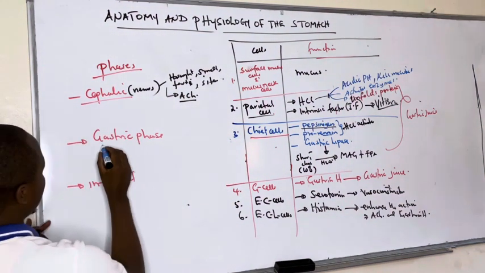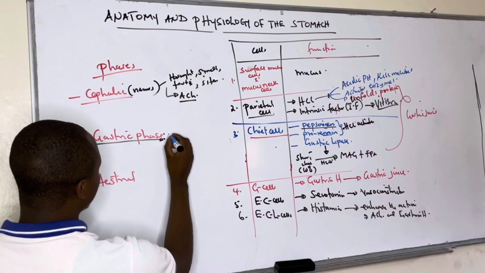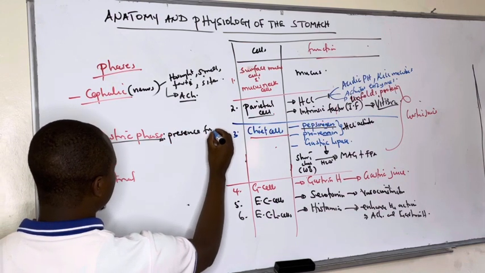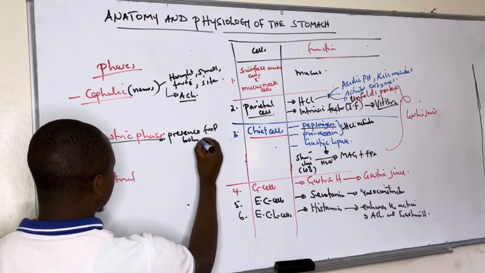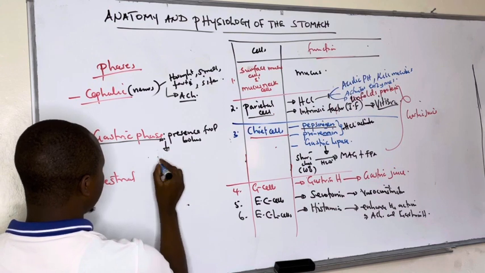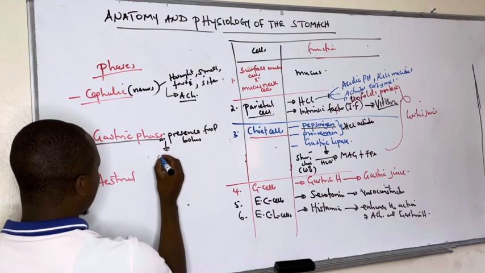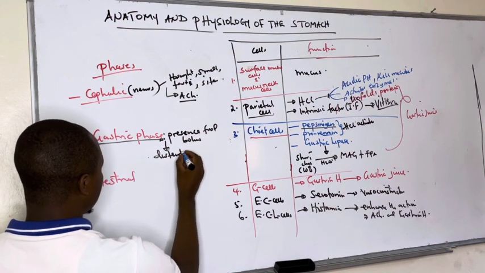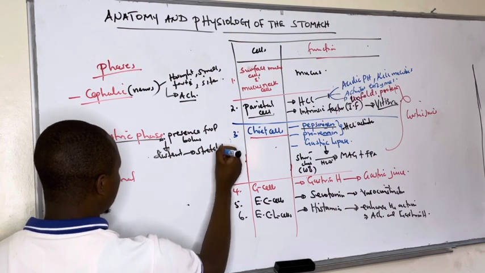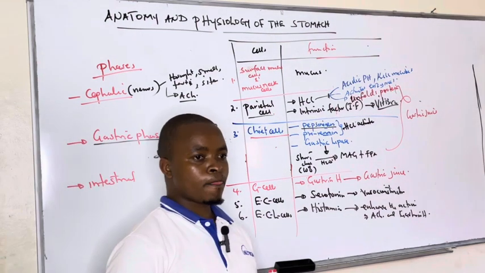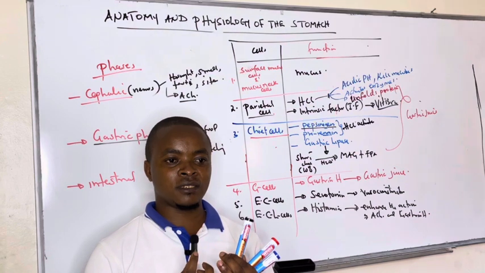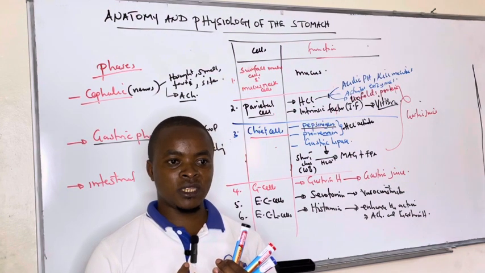Then the gastric phase, we talk about the presence of food bolus. When it reaches the stomach, it causes distension or stretch. It causes the stomach to distend, and when it distends, it causes stretching. And this stretching stimulates the stretch receptors and the chemoreceptors within the stomach.